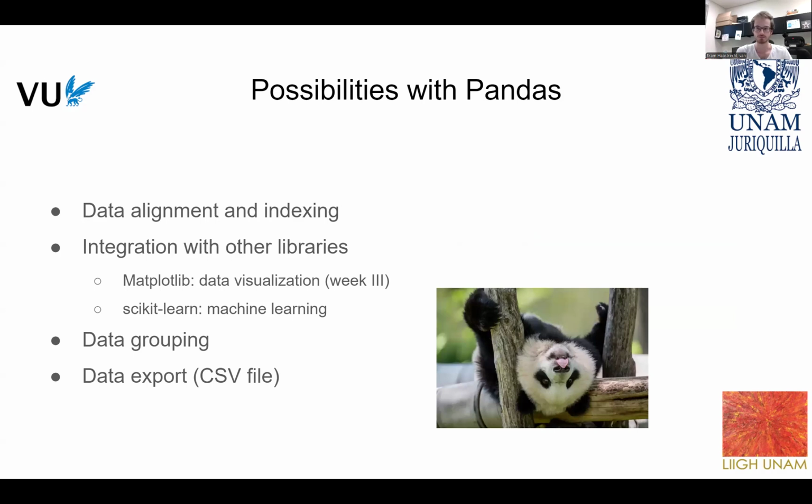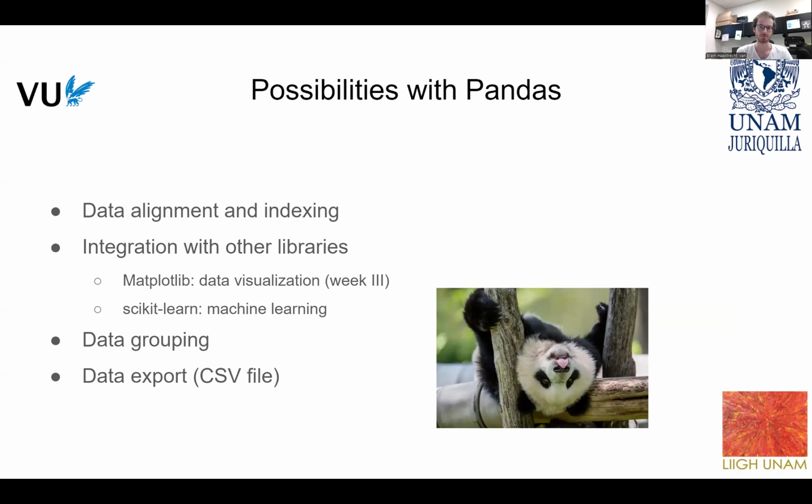Furthermore, you can do tasks like data alignment and indexing of data sets, and it is integrated with other libraries. So last week we talked, for example, about matplotlib. If you want to plot something, you can fairly easily plot a pandas data frame.